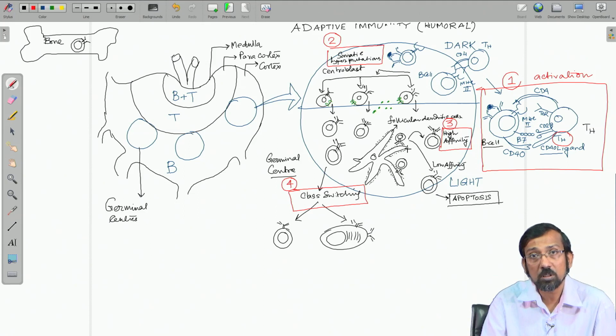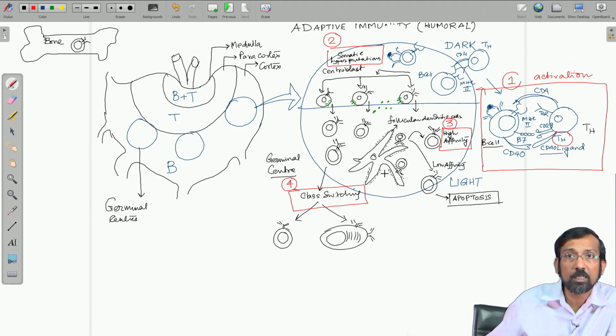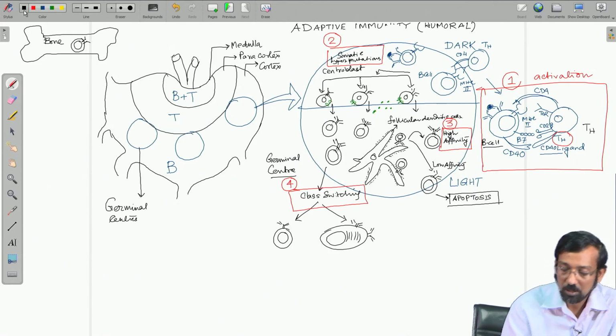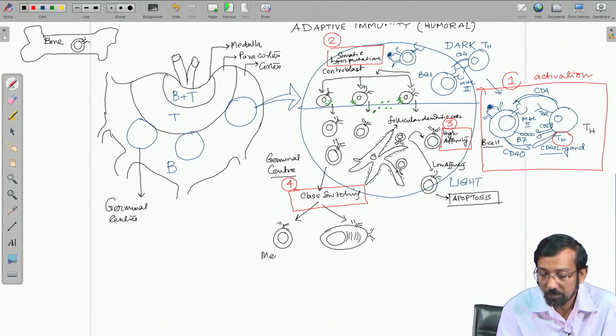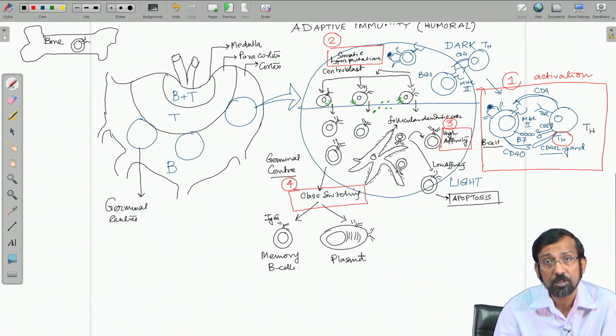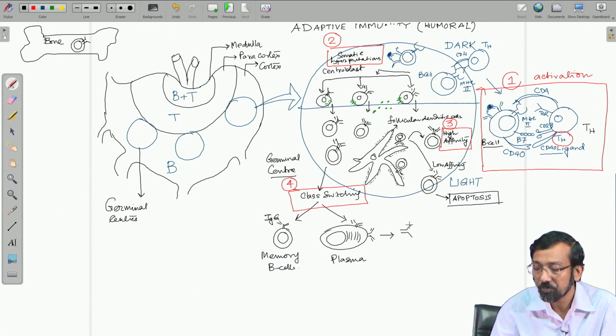Those selected for high affinity antibodies will now undergo class switching, and then they will produce either the memory B cells, expressing IgG, or the plasma cells, which produce different types of immunoglobulins and will secrete the antibodies.